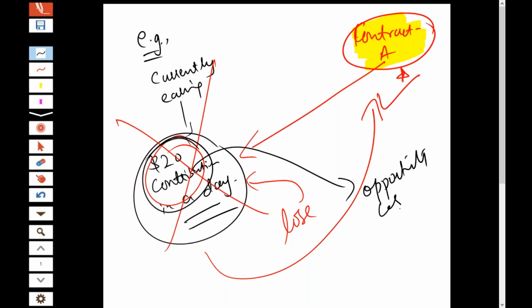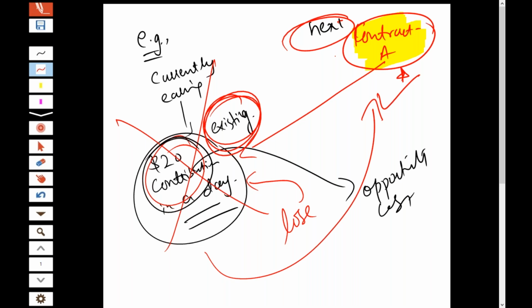What is basically the opportunity cost? This is my existing work and this is my next work. In order to perform the next work, I will have to compromise my previous work because I have got limited capacity. Something which I am losing here is my lost income, my lost opportunity, my lost contribution.